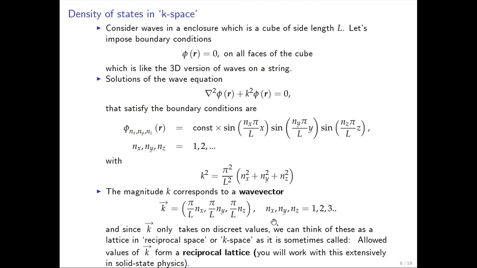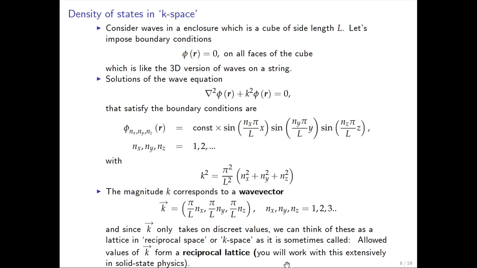And since k only takes on discrete values, we can think of the allowed values of this wave vector as forming a lattice in what is called reciprocal space, or k space as it's sometimes called. So allowed values of this wave vector form a reciprocal lattice.